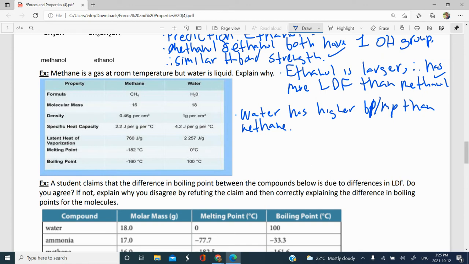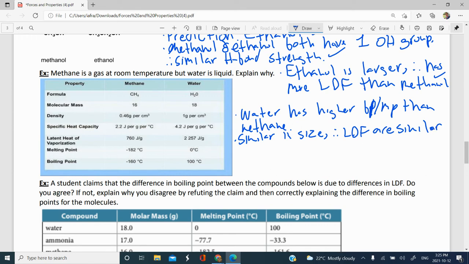And then we can explain, well, why is that? Well, they're similar in size. Therefore, LDF are similar. So I would say that that's not really going to be a factor here.